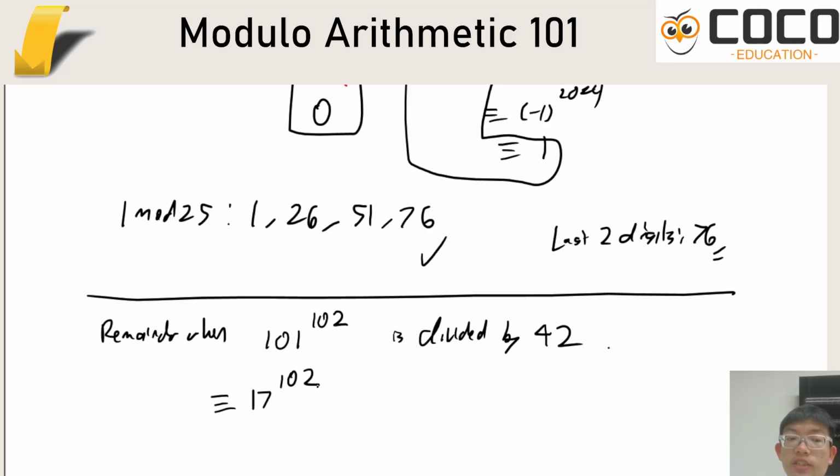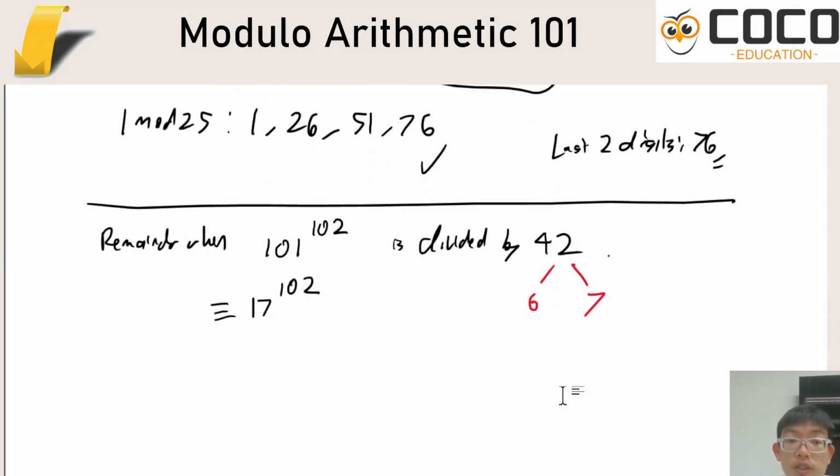But I cannot reduce this any further, so instead I can reduce down the 42 into 6 and 7. I could also reduce it into 2 times 3 times 7, or 2 times 21, or 14 times 3, but the reason why I split it into this is I want all the numbers to be small, but 6 is small enough since, like we have seen a couple of times, I can use the trick that 17 is congruent to negative 1 mod 6.